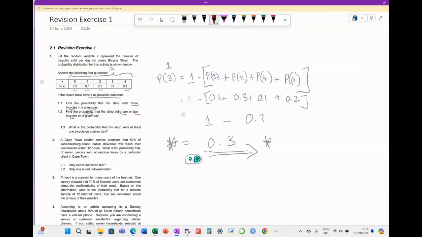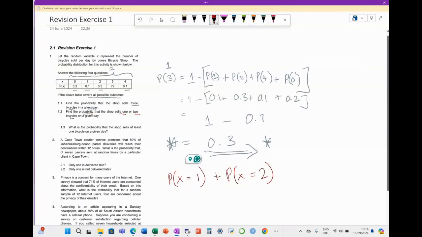So we are saying the probability of x equaling 1 plus the probability of x equaling 2.